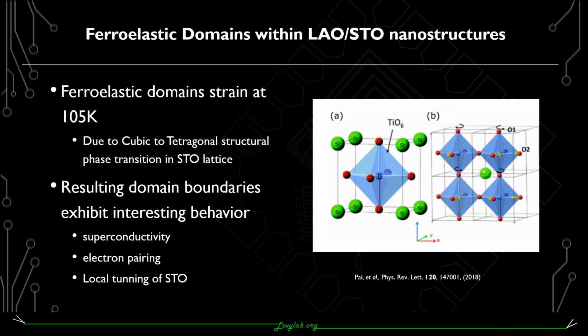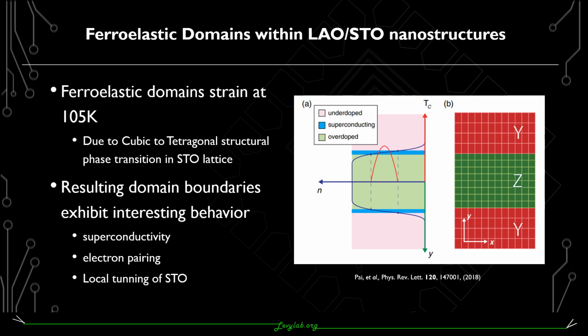This is due to a cubic to tetragonal structural phase transition in the STO lattice. These resulting new domains have interesting properties at their domain walls. Specifically, we have seen evidence of superconductivity, electron pairing, and the ability to locally tune STO at these domain walls.